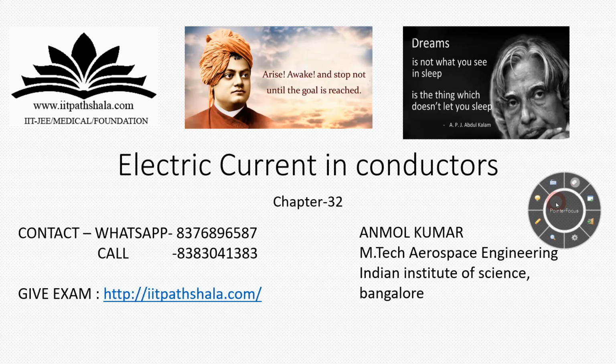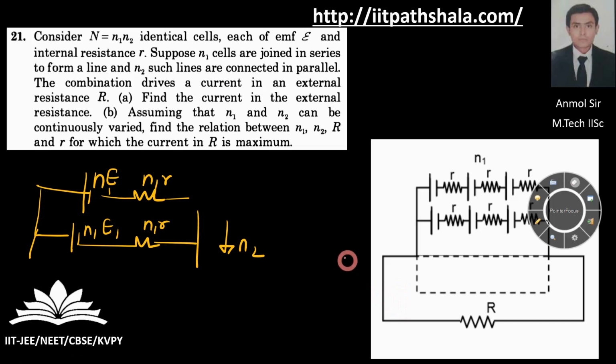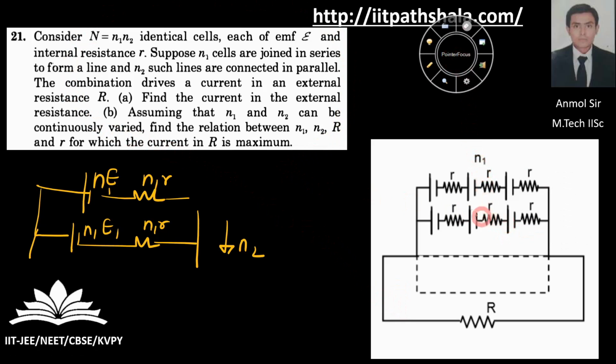So, now let us start with the question itself. So, my first question you can read out over here only. Let me explain you. My first question is, now the teacher has given you n identical cells. Each cell is having identical resistance, which is small r. What he has done is he has aligned them to make a line. So you are having n1 identical cells.